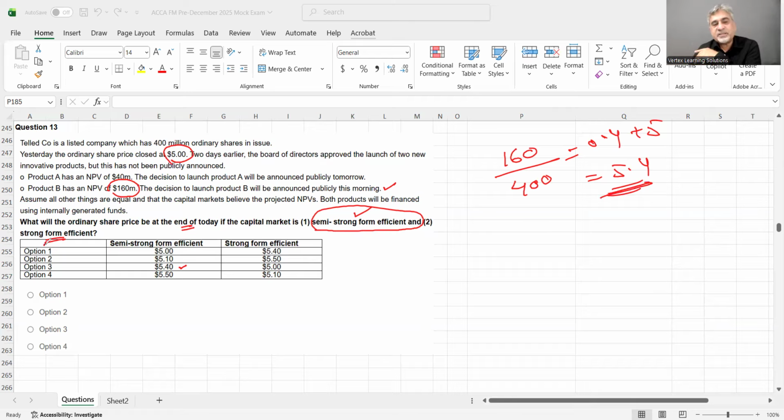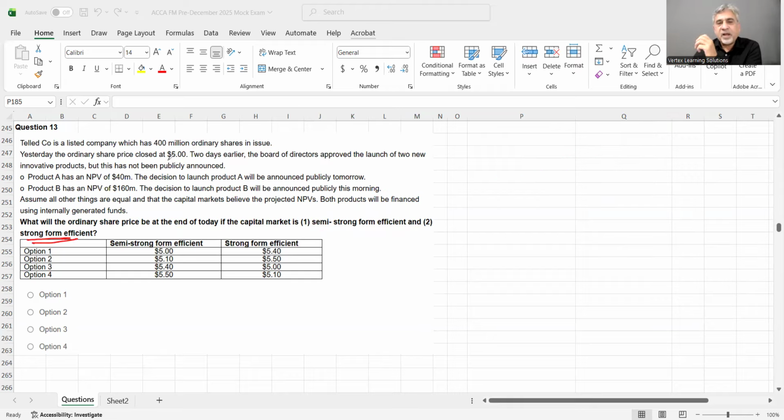But if you think of a strong form efficient market, it means that the market has all the information. You can even consider that insider information is also there. So if you have a strong form efficient market, it means that the market price already has it, because this decision was made 2 days earlier. It was not announced, but it was made 2 days earlier. So inside the company, the information was there, and that information is already reflected in $5.